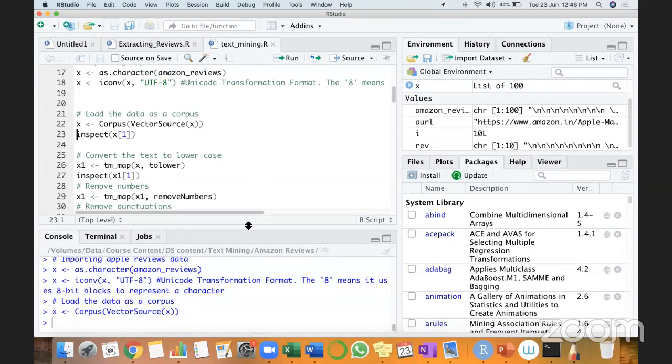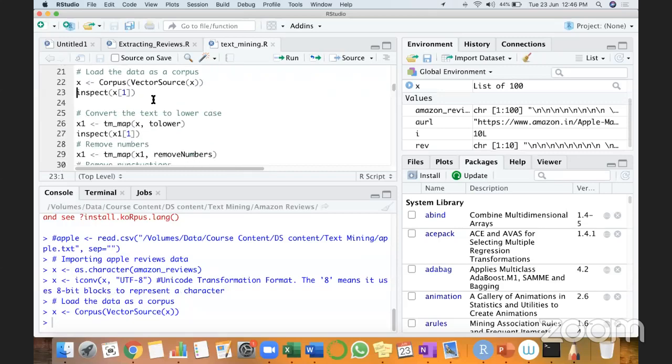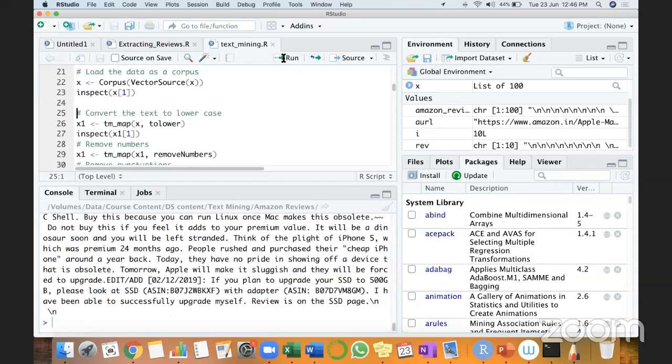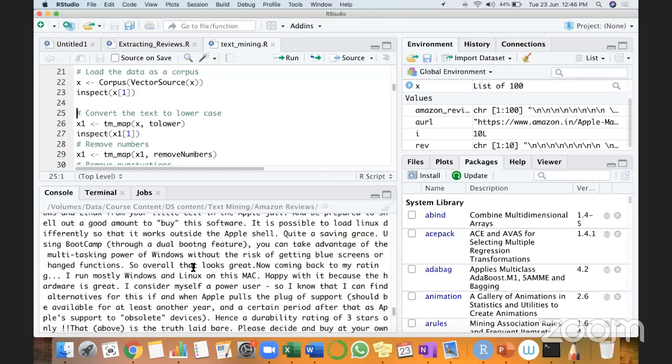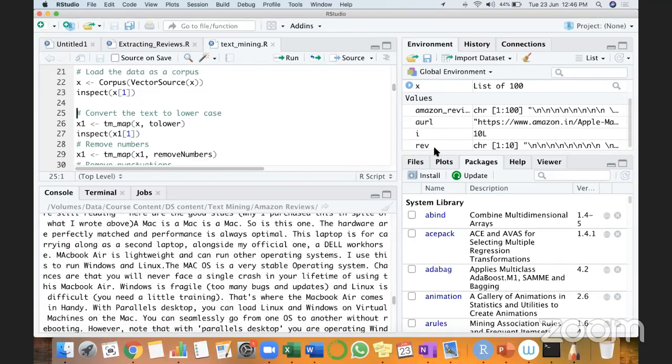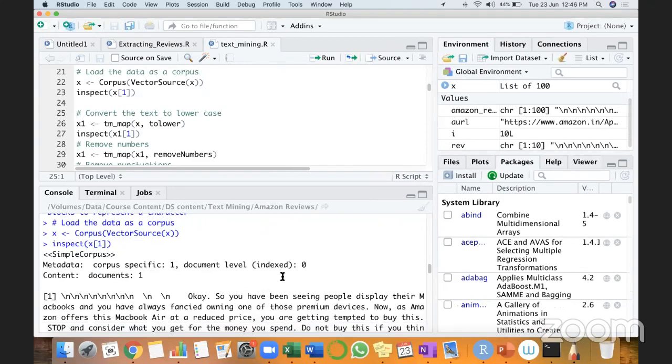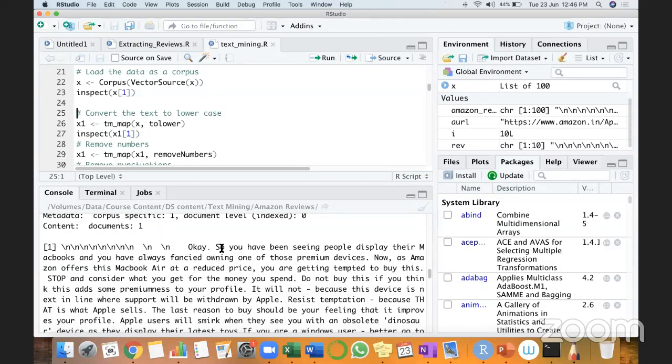Now let us see the output of the corpus. Here is the corpus, all the reviews together. So you have been seeing people's reviews, right?